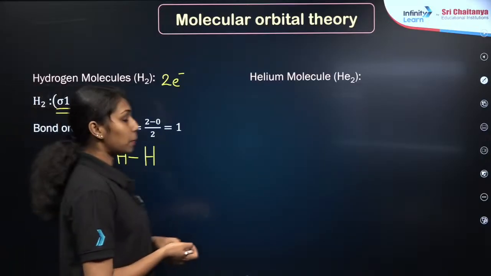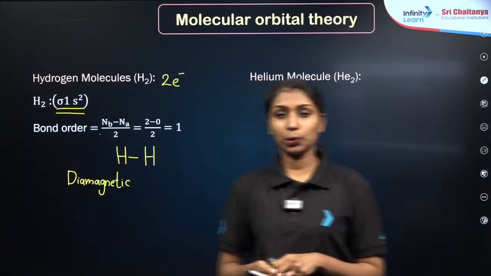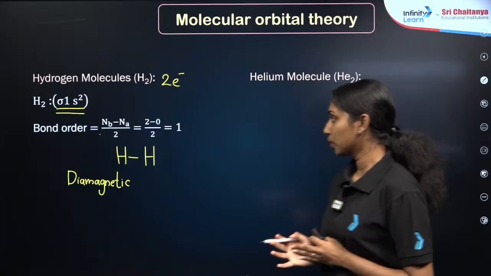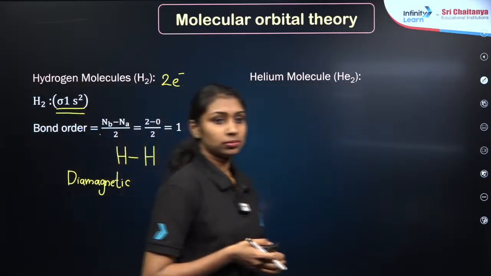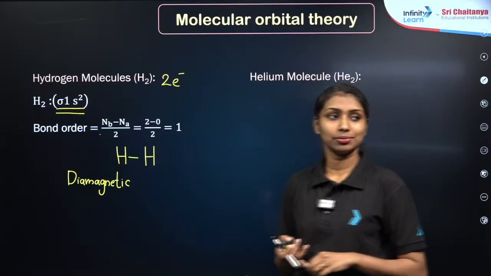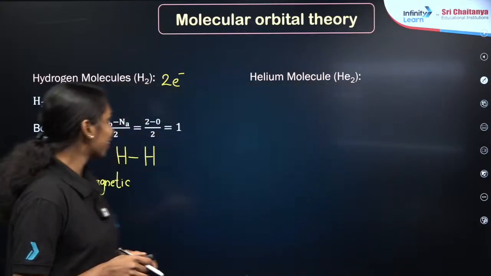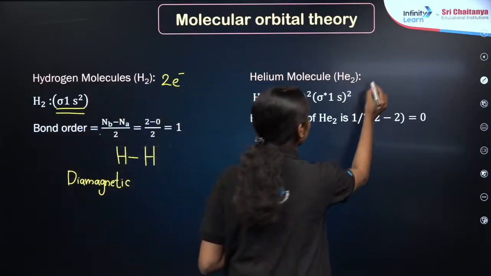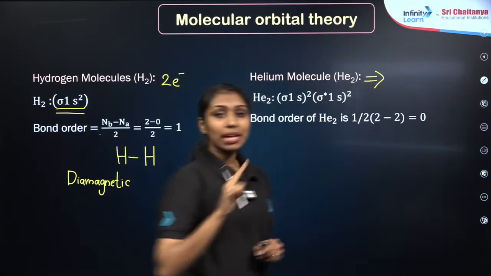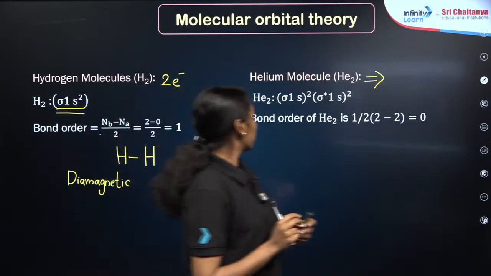Now, here is the second example, that is the He2 molecule, that is helium molecule. In the case of one helium atom, how many electrons are there?